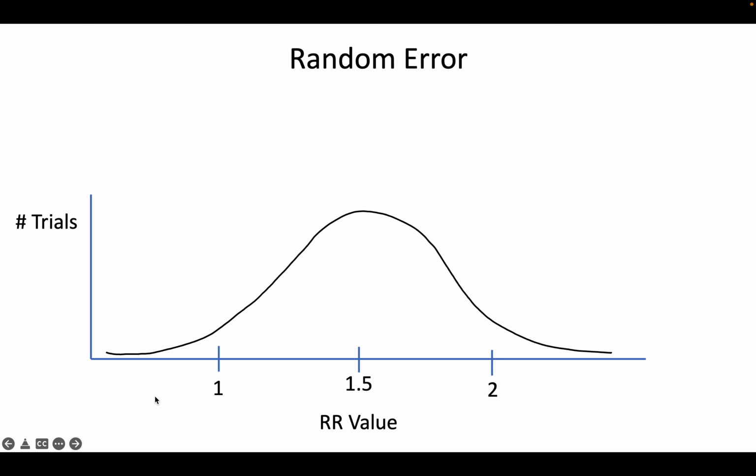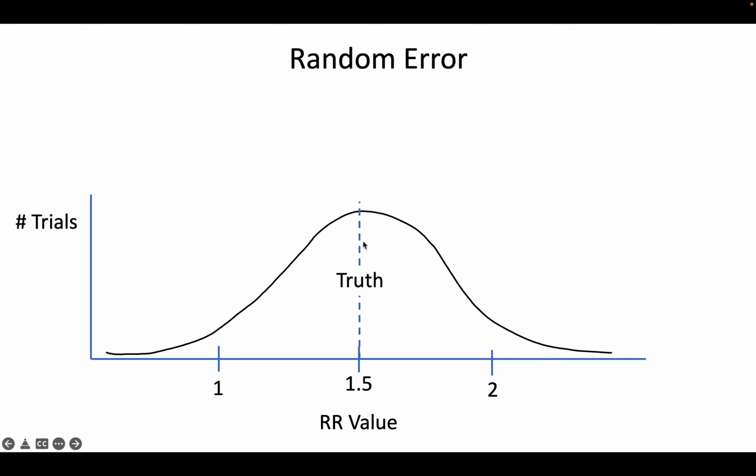Another way to look at it is if we repeat a study over and over again, to the point that the relative risk values we get between the exposure and the outcome form a distribution, because we repeated this study 10,000 times. Let's say that the true value is a relative risk of 1.5, and that's the value we get most of the time.